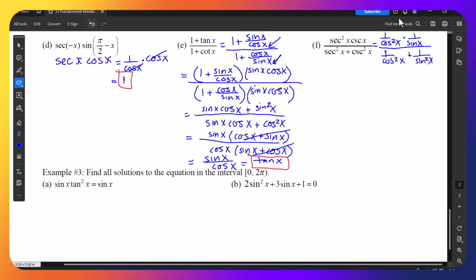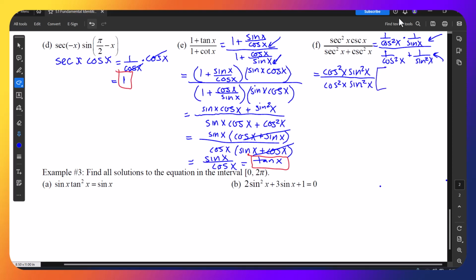Okay, just like we did before, we see different denominators in both the top part of the fraction and the bottom part of the fraction. So I'm going to go ahead and multiply everything through by cosine squared times sine squared. So what we're going to do again is multiply by cosine squared x sine squared of x, and we're going to multiply the denominator as well by cosine squared of x sine squared of x.